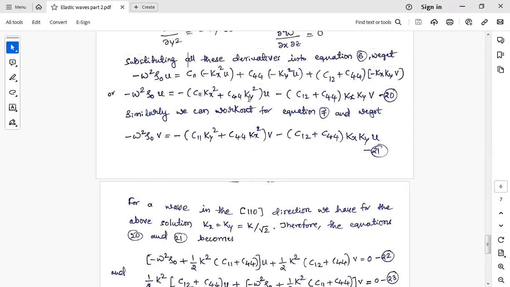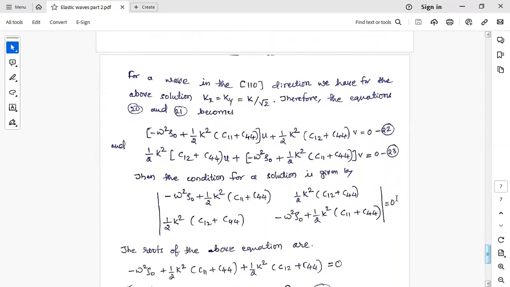When these two become equal, you can take the common value, k by root 2, and it becomes k square by 2. In this way, I got equations 22 and 23 by substituting this condition.